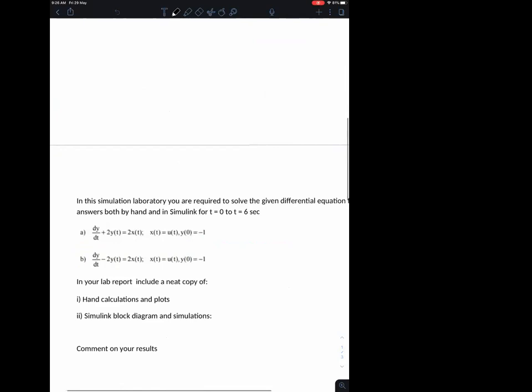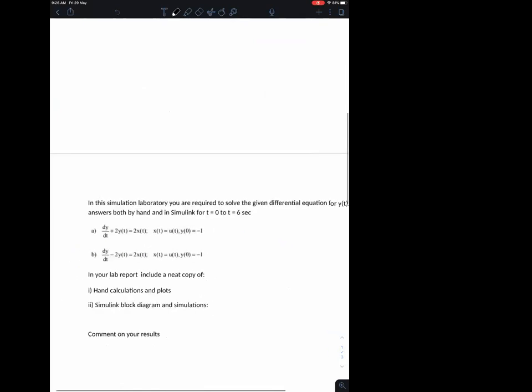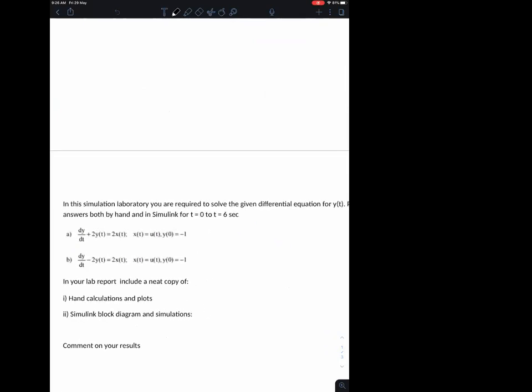In the simulation laboratory, you have to solve this differential equation. You know how to solve this differential equation by hand, right, with the initial conditions. So you just do the calculation and show your plot.